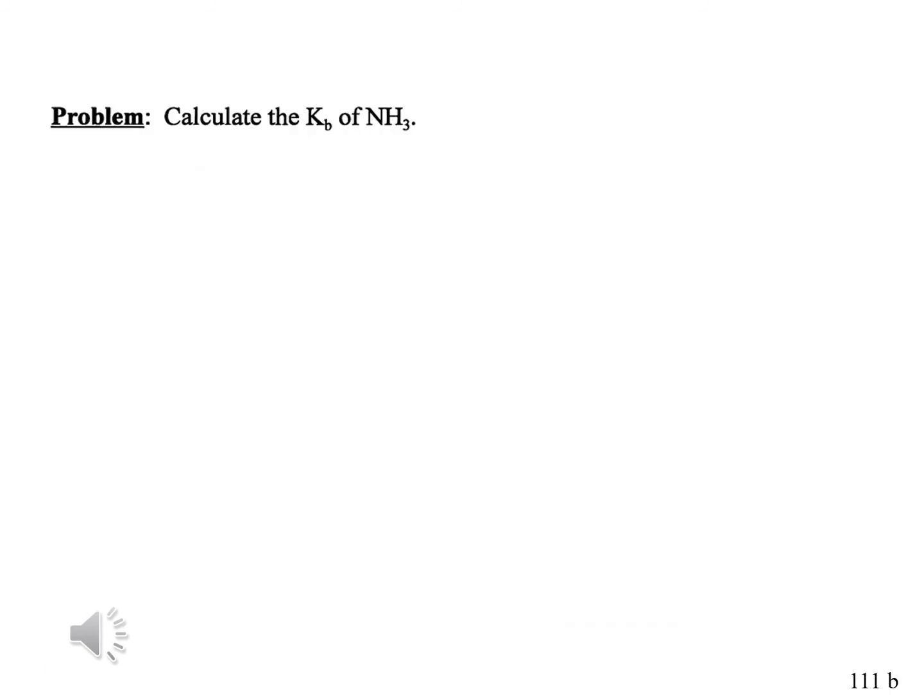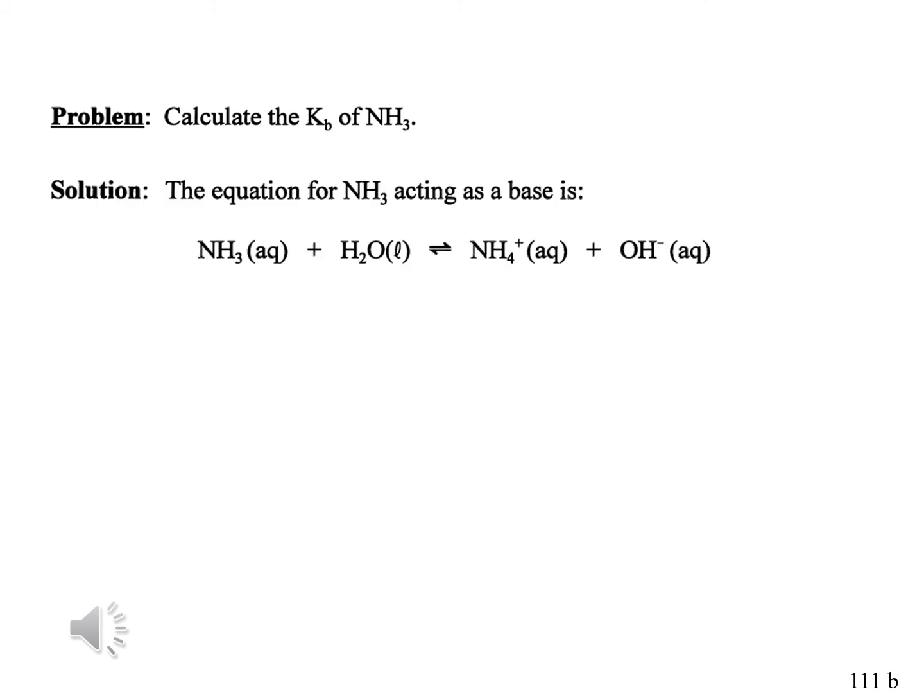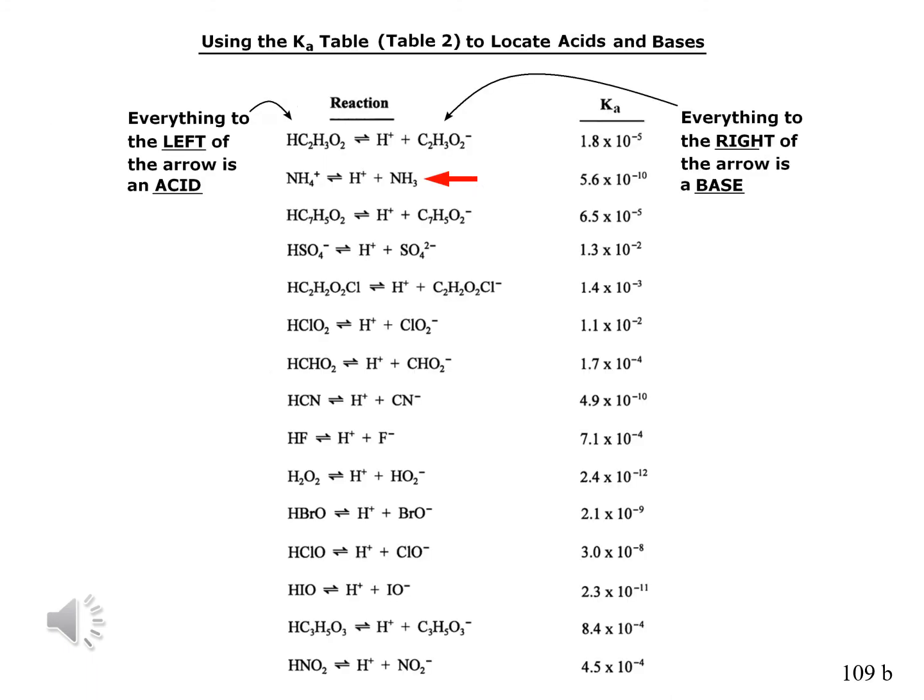Now we want to calculate the Kb of ammonia. That's the reaction where you put ammonia in water and it pulls an H off of the water molecule. The row in the Ka table where ammonia is, you can see that it's on the right of the arrows, which means it is a weak base.